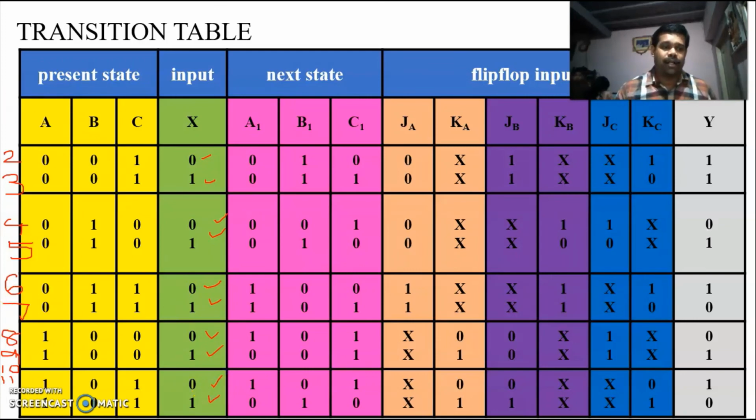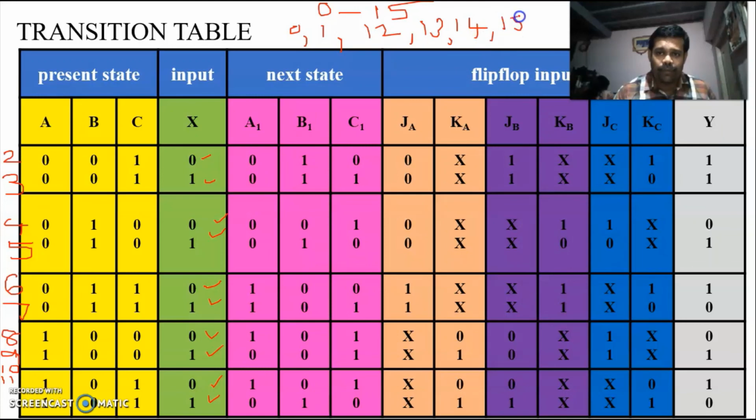These numbers are used states, and for unused states you have to consider numbers from 0 to 15. So the used states are 2 through 11, and the unused states are 0, 1, and then 12, 13, 14, 15.